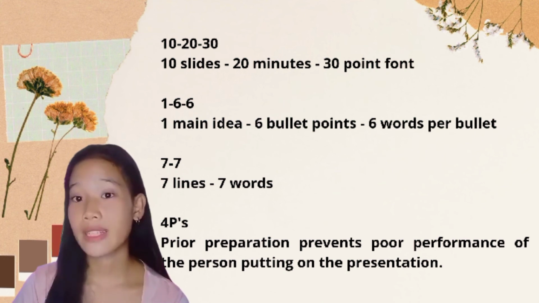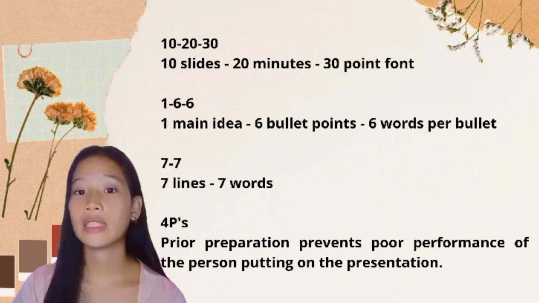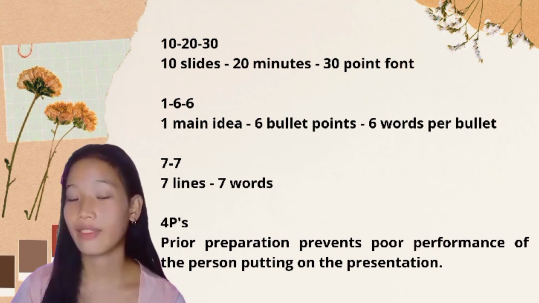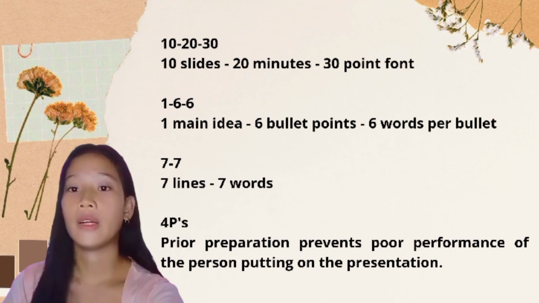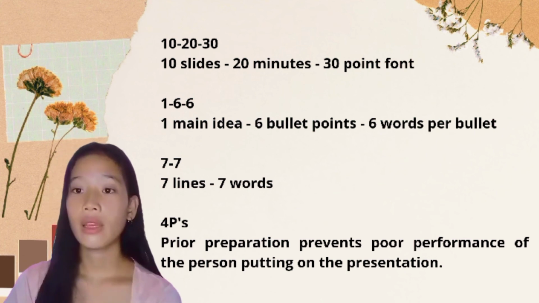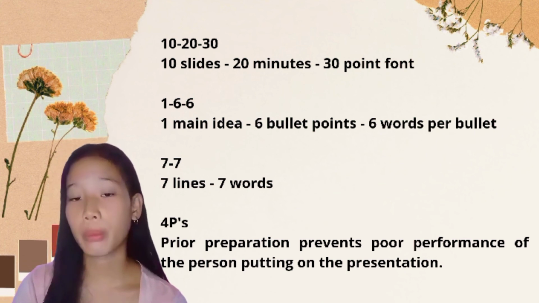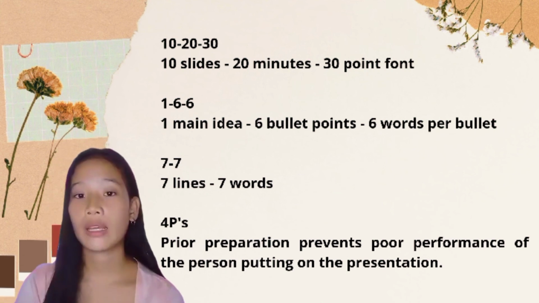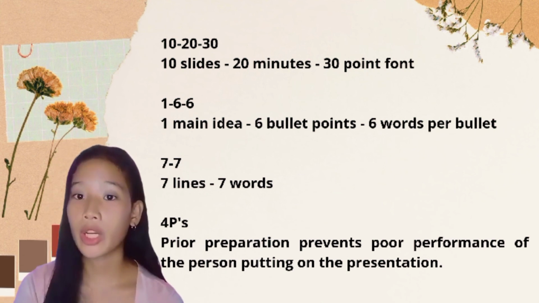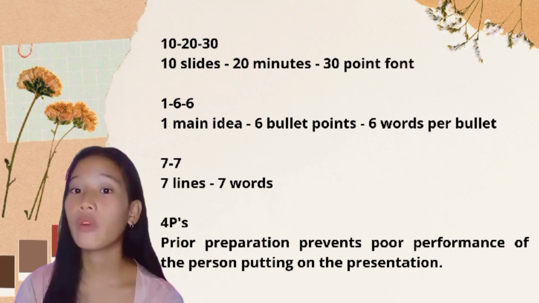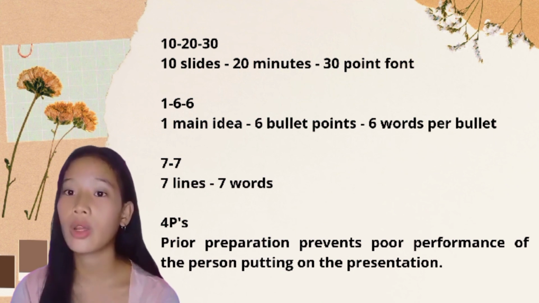The 7-7, which is the 7 lines, 7 words. And let us always remember the 9 P's, which is prior preparation prevents poor performance of the person putting on the presentation.